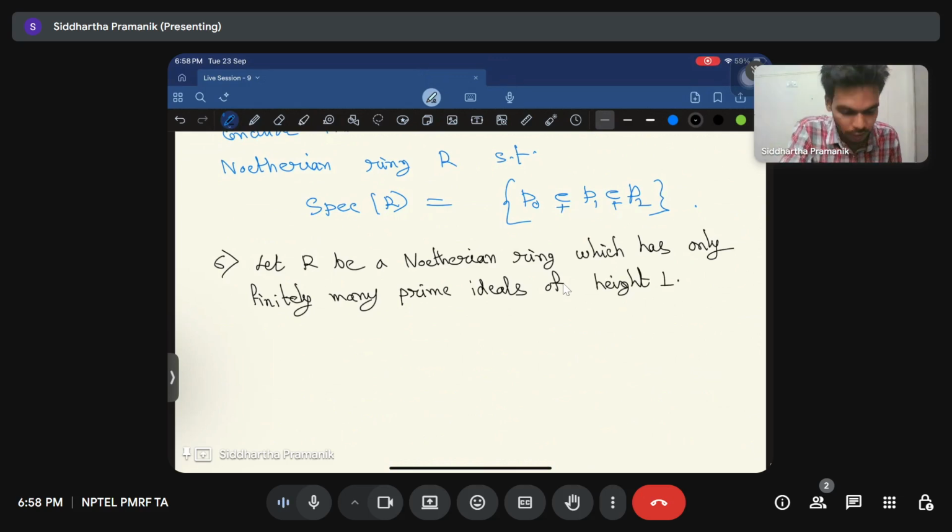So R is a Noetherian ring and it has only finitely many prime ideals of height 1.